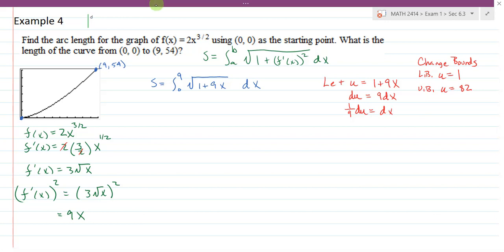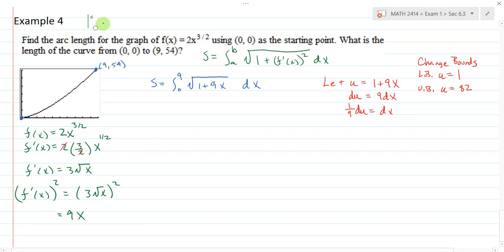So when I change my bounds and I change my variable of integration from x to u, I'm going to get the integral that goes from 1 to 82 of the square root of u du times 1/9. And that 1/9 I'm going to pull out in front of the integral. Are we okay with that? I don't want to integrate this written like that. I want to change that radical to a rational exponent.